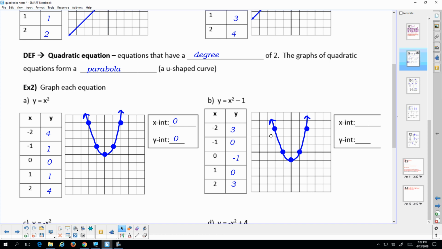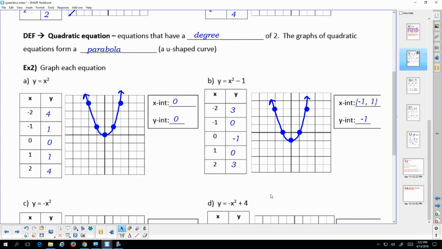My x-intercept is where the graph crosses the x-axis. So where does the graph cross the x-axis? It actually crosses twice. It crosses here at -1 and at +1. So they're both my x-intercepts. And then my y-intercept, it crosses the y-axis down here at -1.